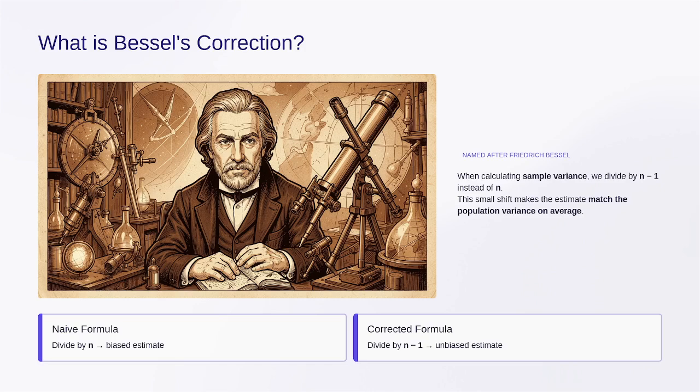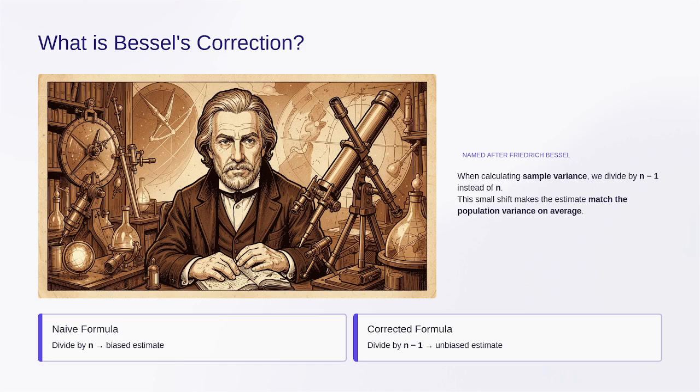What is Bessel's correction? Now, Bessel's correction is very simple. Normally variance looks like this: sample sum of squared differences divided by n. But with Bessel's correction, we divide by n minus 1. That's it. Just a change in one number. But why? Because dividing by n makes the variance biased.